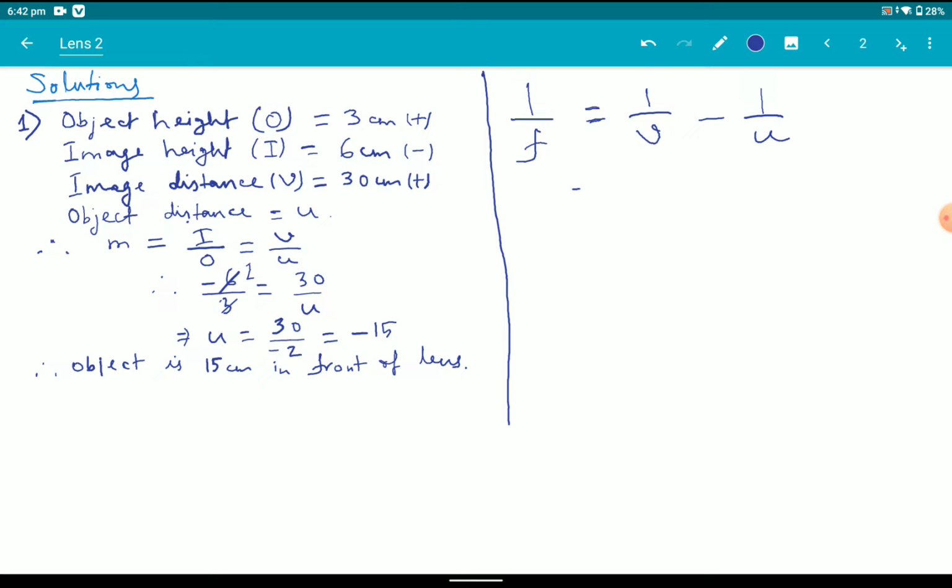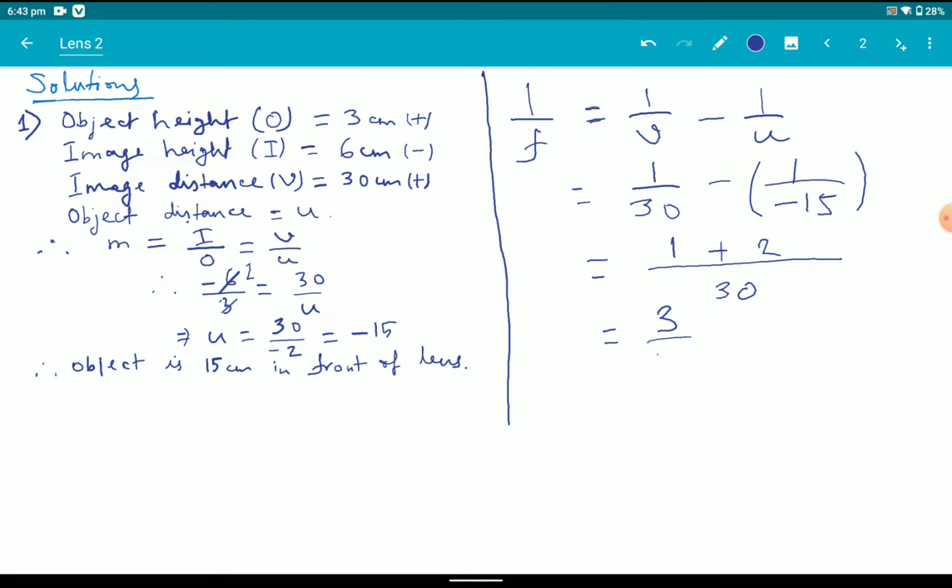So v is given as positive 30, so it should be 1 by 30 minus 1 by minus 15. Taking this into consideration, it will be plus 1 by 15. Now if I consider the LCM, it will be 30. So it's 1 plus 2, so it's 3 by 30, and positive, so this turns out to be 1 by 10.